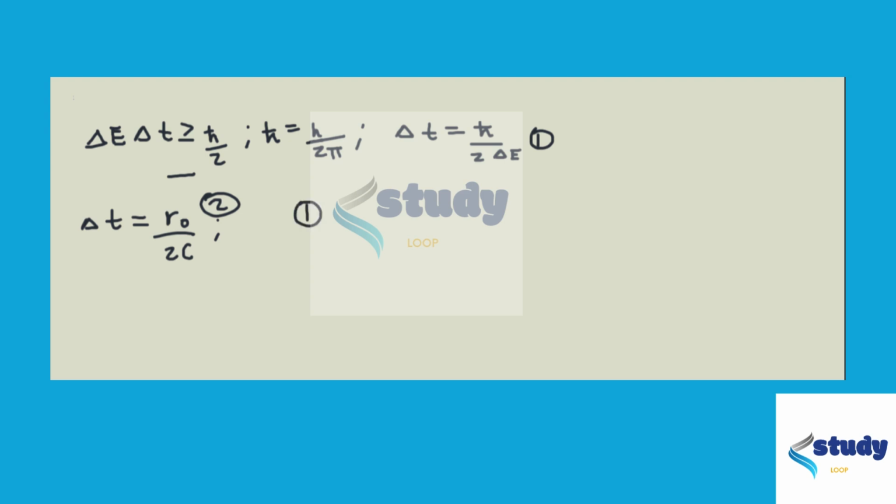Setting 1 equal to 2. H bar over 2 delta E equals R naught divided by 2C. All right, immediately we see that the 2's are going to cancel. So let's simplify.